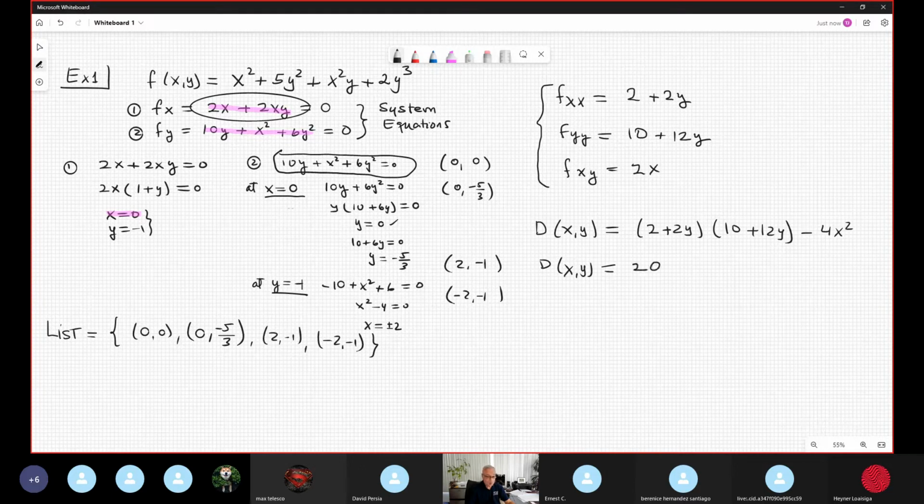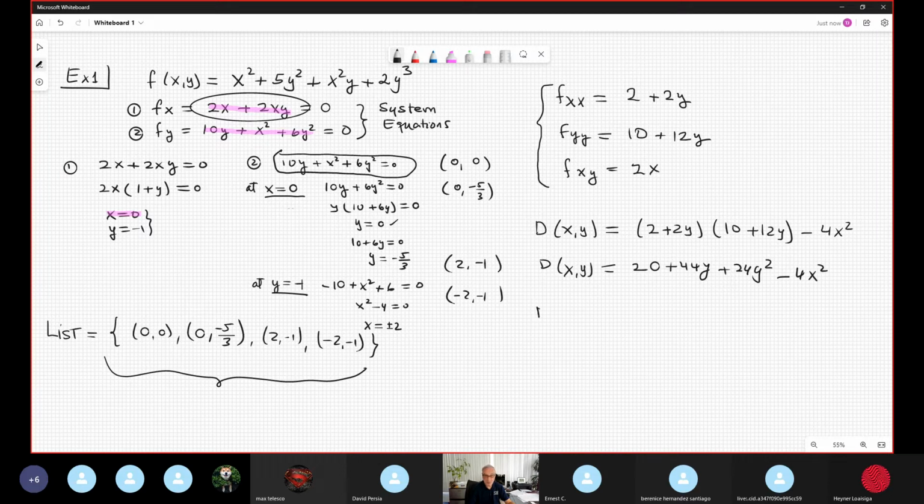It's 20 plus 44y plus 24y squared minus 4x squared. I know it's too long, and you evaluate this discriminant one by one at the potential points that we have.